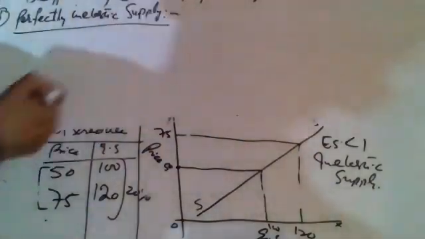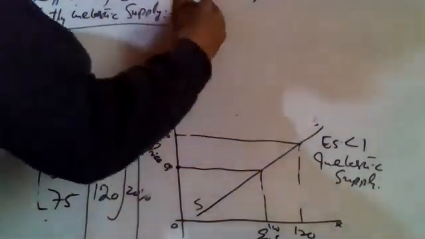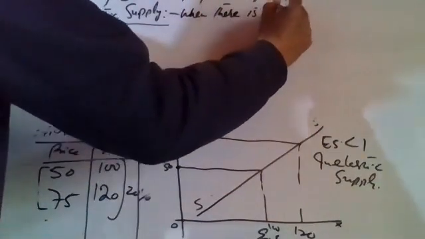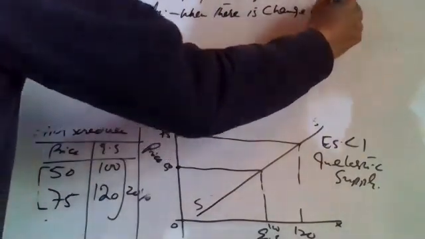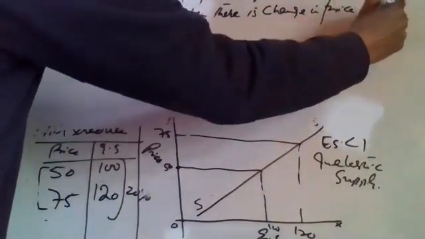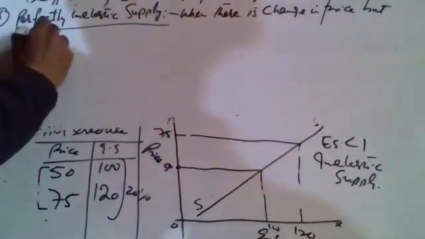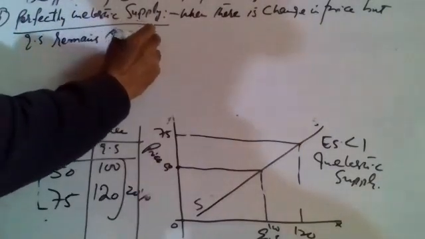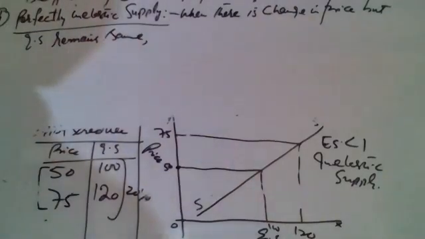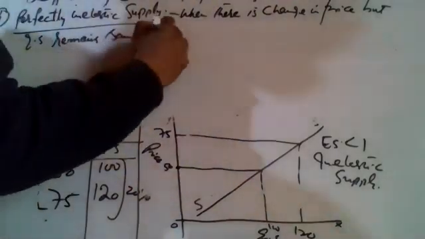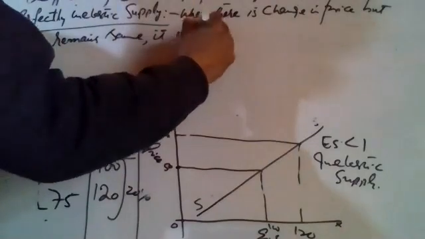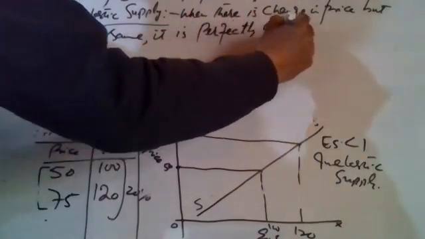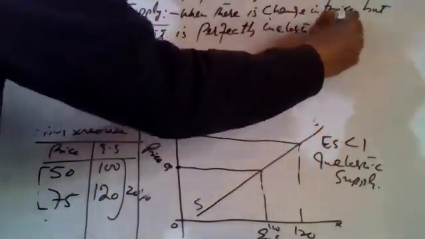When there is a change in price but quantity supply remains the same, or there is no change in quantity supply, it is perfectly inelastic supply.